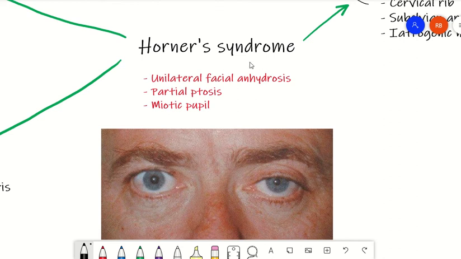The syndrome is a collection of symptoms, and the three main symptoms that you may see are a unilateral facial anhidrosis, which is a lack of sweating on one side of the face, partial ptosis, you can see in this man here he has a partial ptosis in his left eye, and a miotic pupil, so a small pupil. Notice the difference: this pupil on the left is much smaller than this pupil on the right.